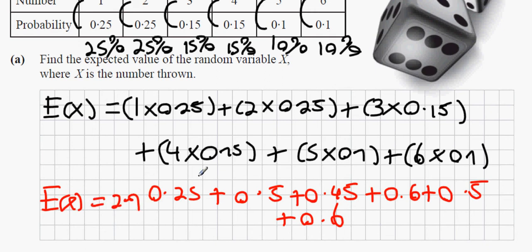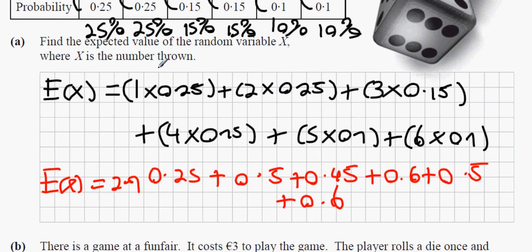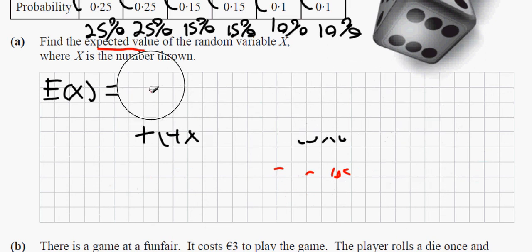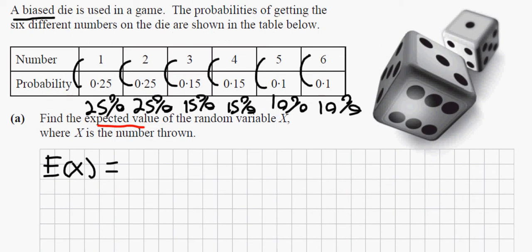Now, another way of looking at it, to get the average value or the expected value, is pretend that you had like 100 games, okay? So if you had 100 games, what would happen is 25 out of 100 times, because it's 25%, you'd get a 1. So it'd be 1 multiplied by 25.